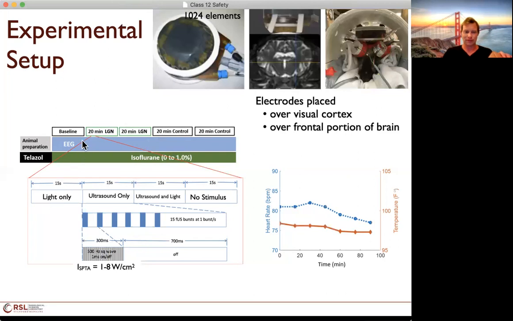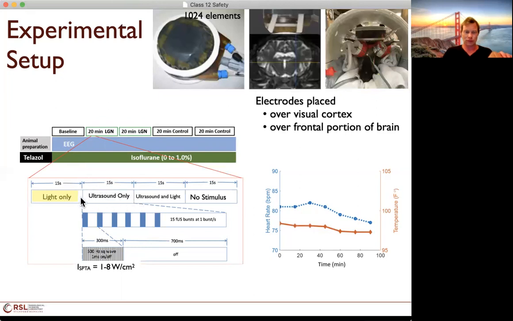We have interleaved 4 different stimuli. So the first stimulus period of 15 seconds was light only to those LEDs. The second 15 seconds was ultrasound only, then ultrasound and light, and then no stimulus. And the results I'm going to show today were from the light only stimulus. That being said, what we'll see is very different than it was during the baseline, which was light only, because it was done at the same time that there was another period where there was ultrasound.